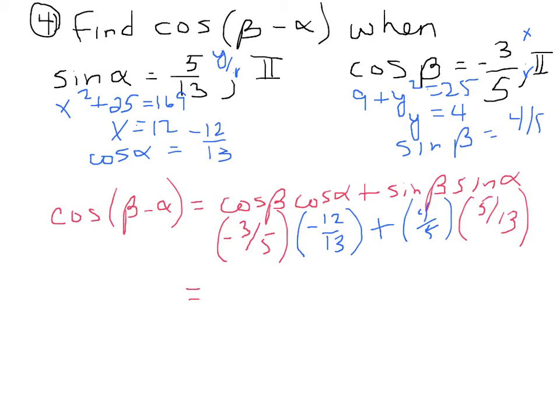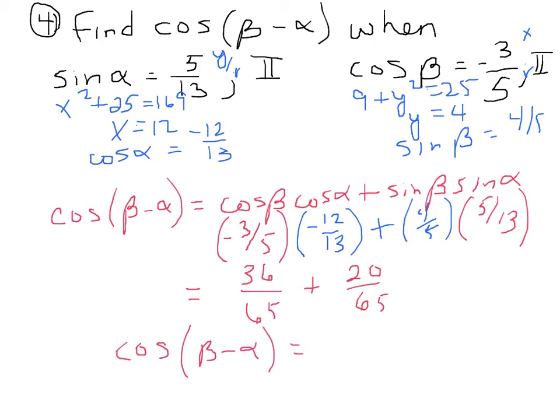So now I just multiply these together, so that's going to be 36 over 65 plus 20 over 65. So the cosine of beta minus alpha is going to be 56/65.